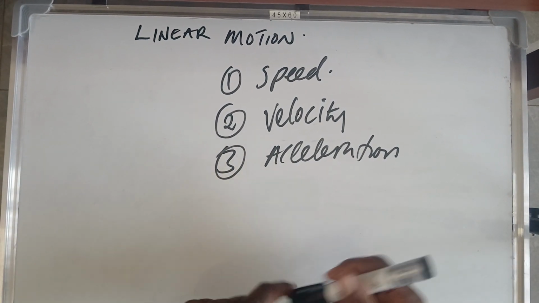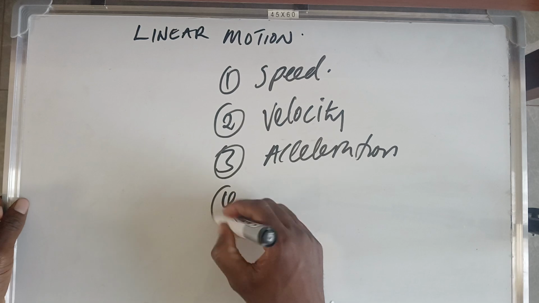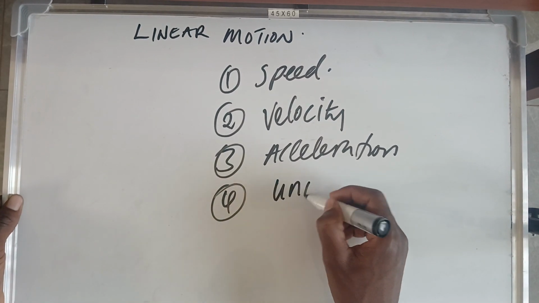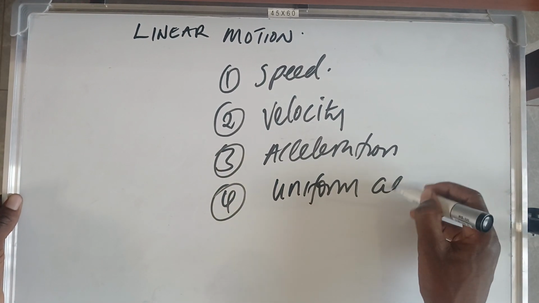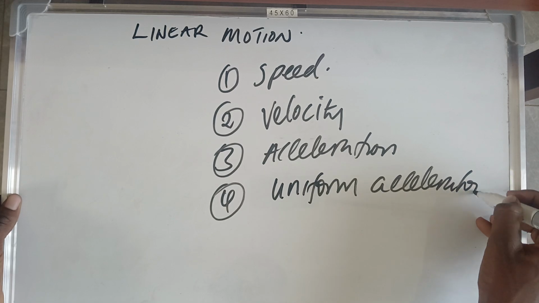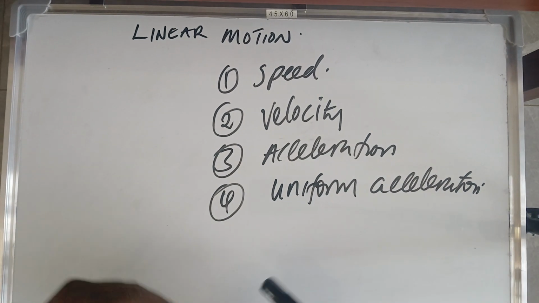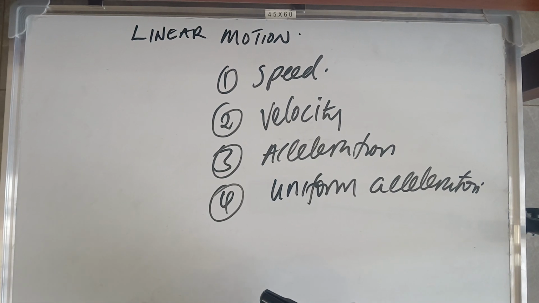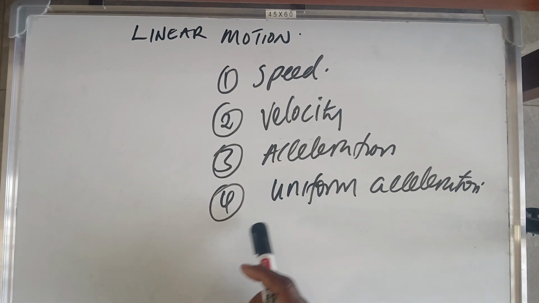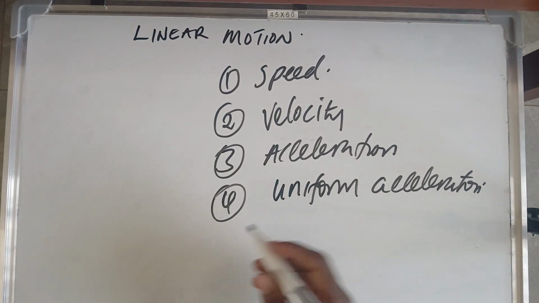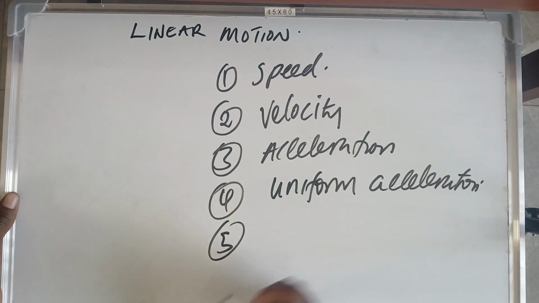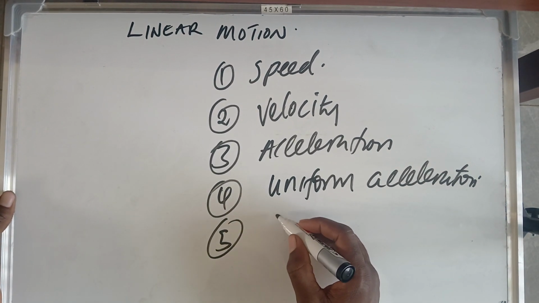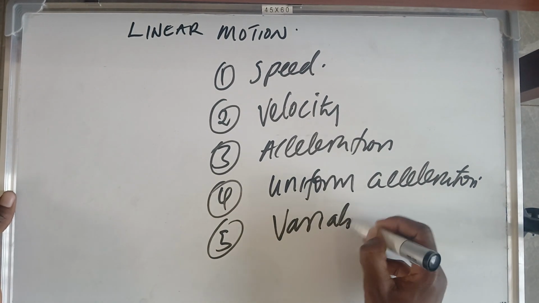Number three, we talked about acceleration, which we said is simply the rate of change of velocity. Then we have talked about uniform acceleration, which we said is when velocity is changing in equal magnitude or equal intervals with time. Then the fifth one, we talked about variable acceleration.